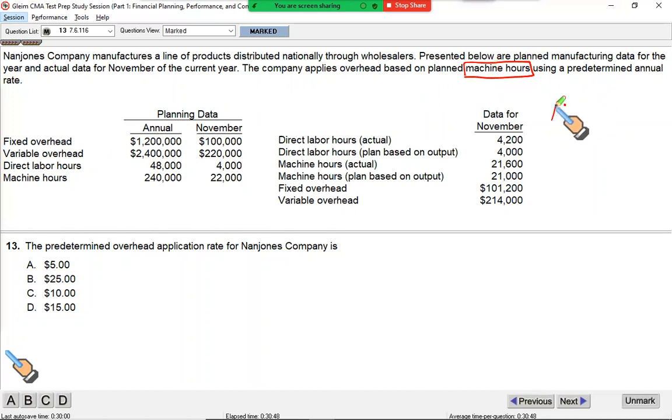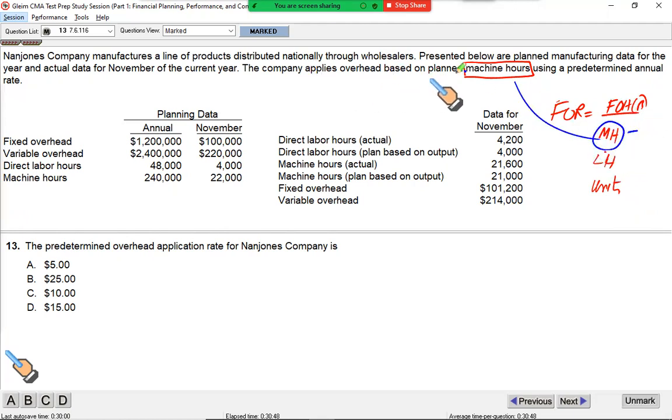If you want to calculate the fixed overhead rate, we know the formula is fixed overhead budgeted divided by, in some cases, machine hours, or in some cases labor hours, and in some cases units of output. In this question, you will have to use machine hours as the denominator. So the base would be machine hour.